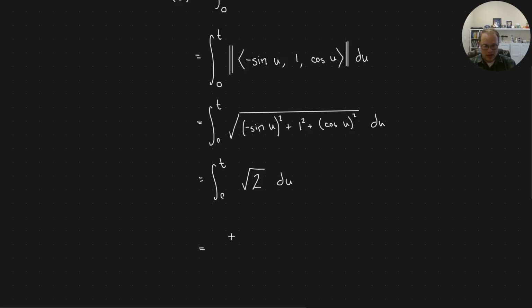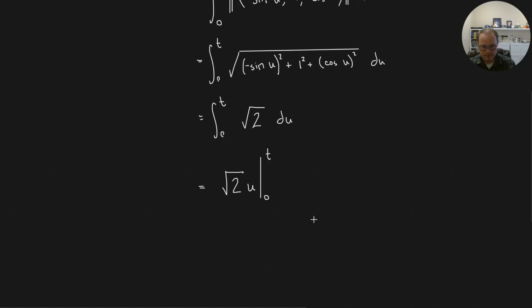The antiderivative of a constant is just a constant times your variable. And I want to evaluate that variable from 0 to t. So plug in the top limit minus what you get when you plug in the bottom limit, and I just get root 2 t. That is our arc length function.